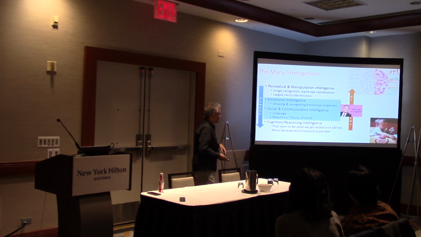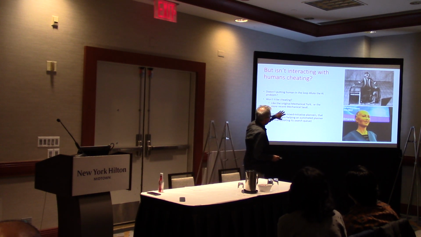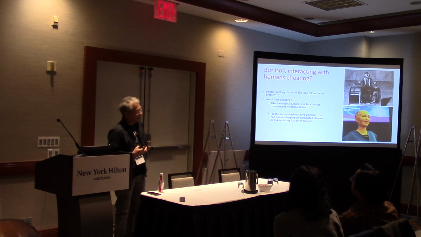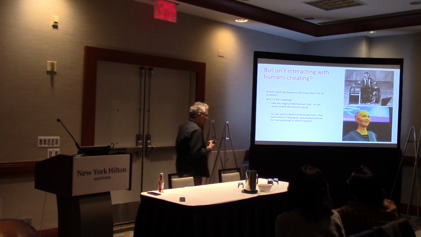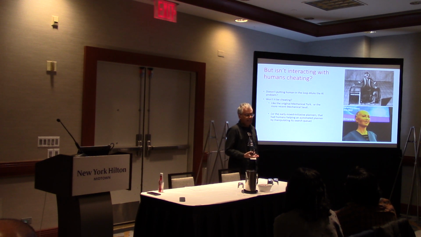Obviously, things have changed now, and at least in the beginning, part of the reason for this reluctance, and it's worthwhile understanding this, is there was this worry that if AI systems were to work with humans, if there's a human in the loop, that would be the way AI systems will be cheating. And this is not an unwarranted worry.